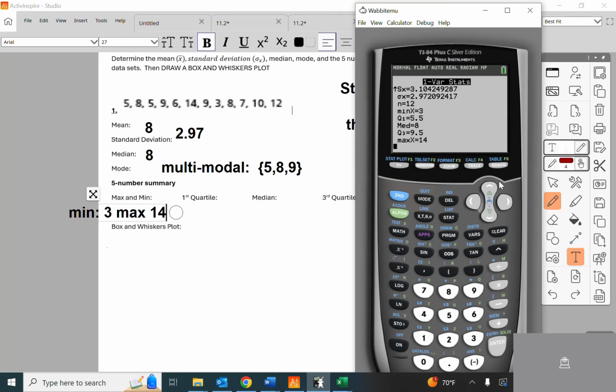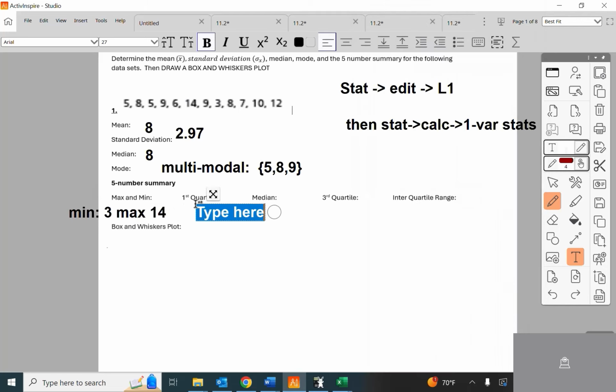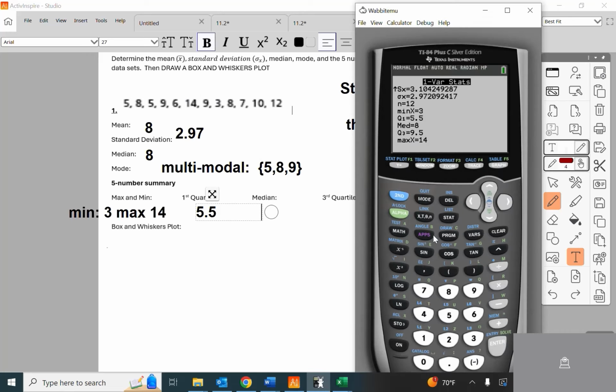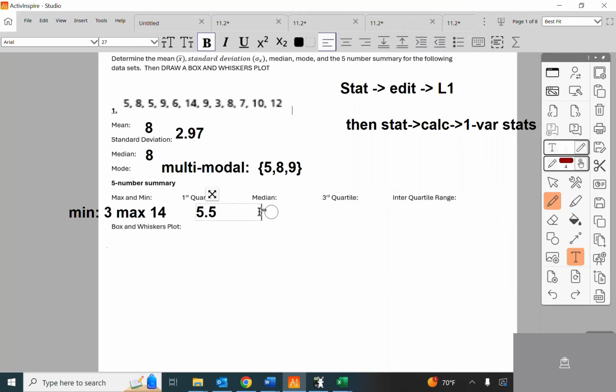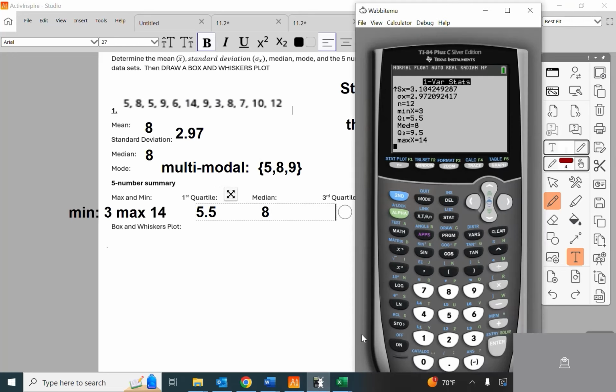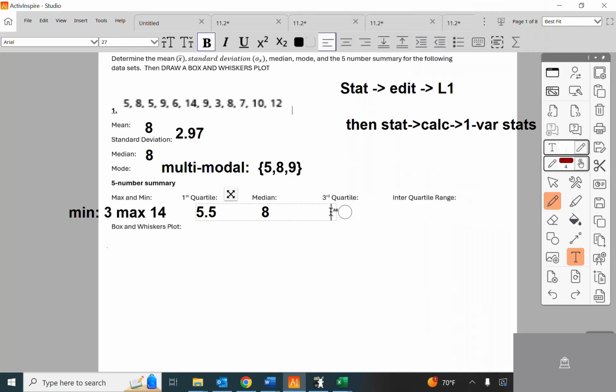This says the first quartile is 5.5. Median is 8. Third quartile is 9.5. And the interquartile range is 9.5 minus 5.5, which is 4.